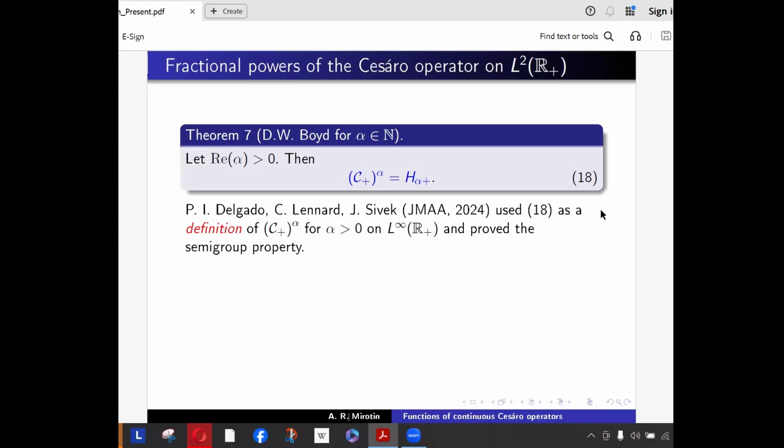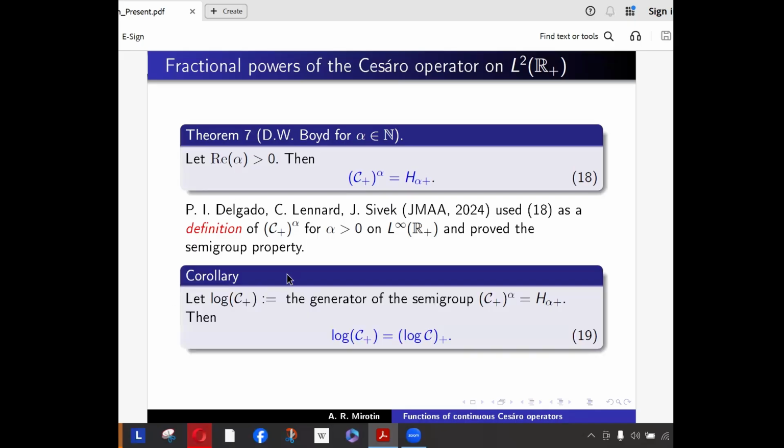Of course, in our approach, this is obvious, since this is a real fractional power. This fractional power, of course, satisfies the semigroup property. And as regards the logarithm, of course, formula 19 shows that the operations of restriction of C to the R plus and taking logarithm also commute.